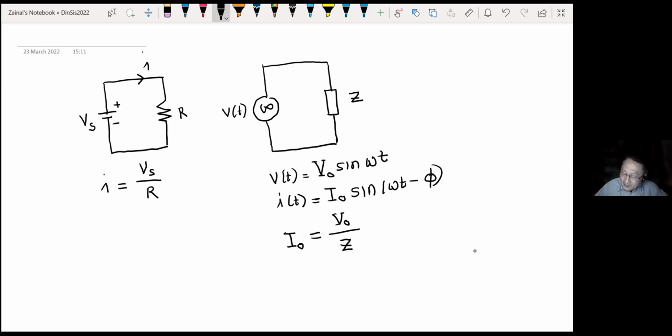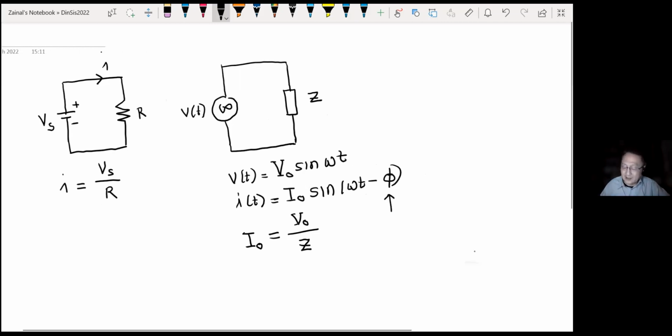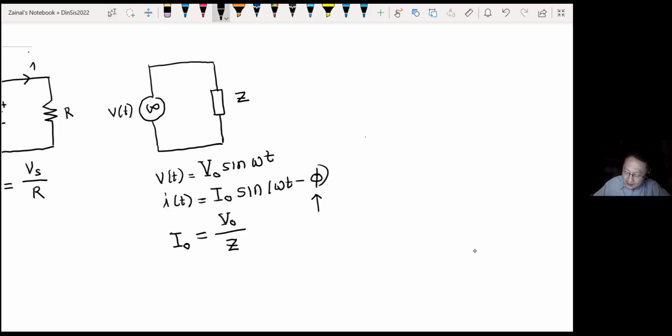But we have this phase angle. So if you plot, for example, something like this, this one is voltage, and at the same time we have the same one, this one is current, I. So this one coincides.